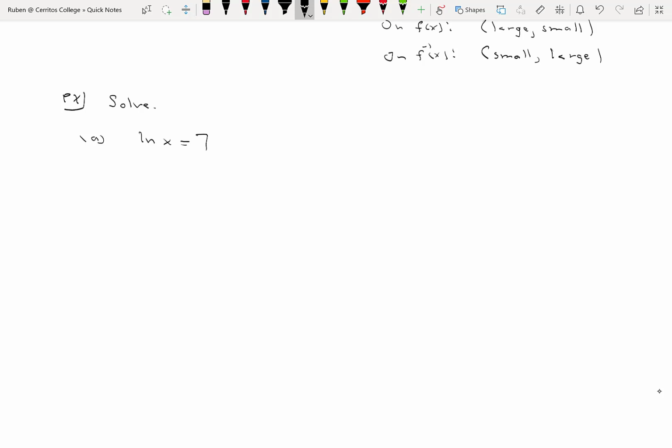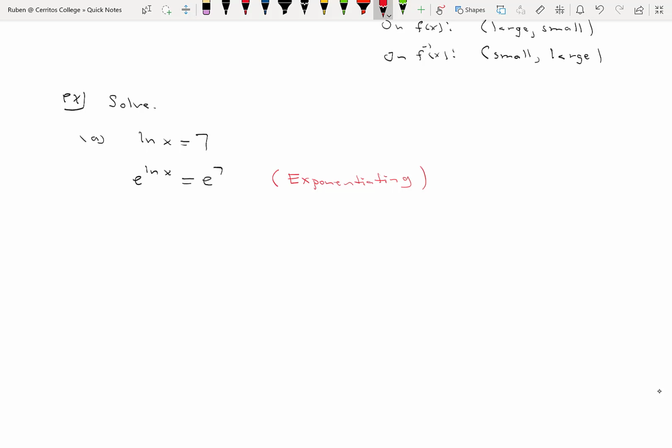Well, the logarithm function and the exponential function are inverses of one another. So if we compose them together, they cancel each other out. I'm going to take e to both sides. That's called exponentiating. It means taking e to both sides, or more generally, taking some base to both sides, 2 to both sides, 3 to both sides.